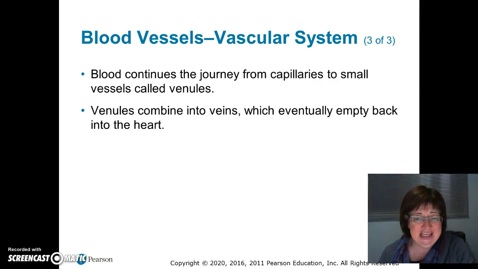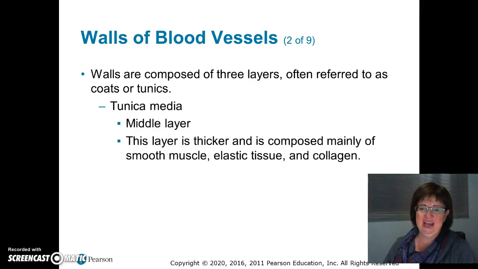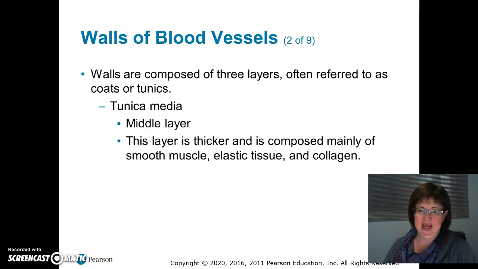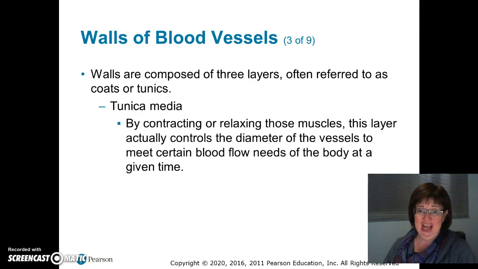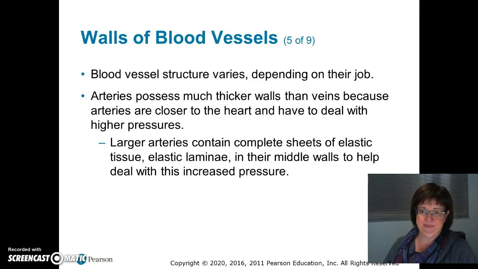Then the blood is collected in the capillary and then will go into the venule, and the venules will eventually get larger to veins and go back to the heart. There are 3 layers. You don't need to know all the detail other than there's an inner layer, a middle layer which is muscular, and then the outer layer which is usually used for protection.